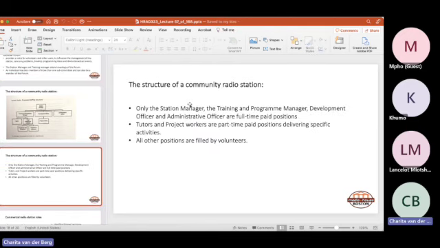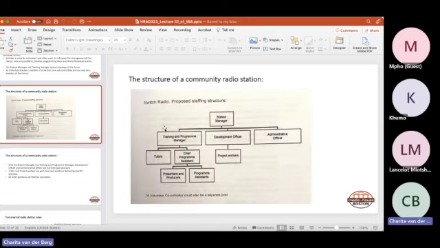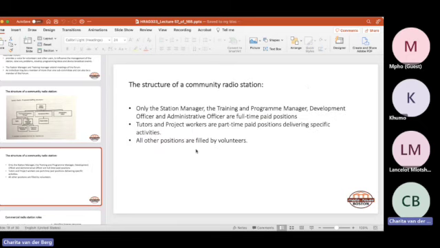So only the station manager, the training and program manager, development officer, and administrative officer are full-time paid positions. Okay, so station manager, training and program manager, development officer, and administrative officer. These are paid positions. Everything else is part-time, okay, or part-time paid or voluntary positions.